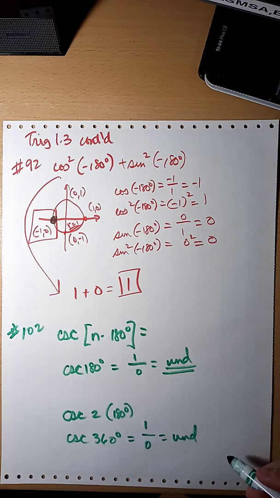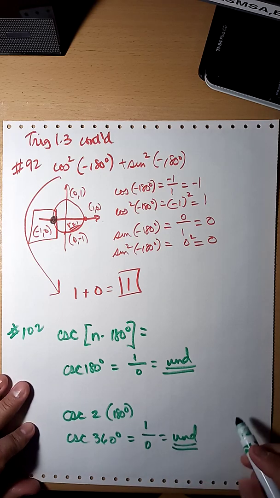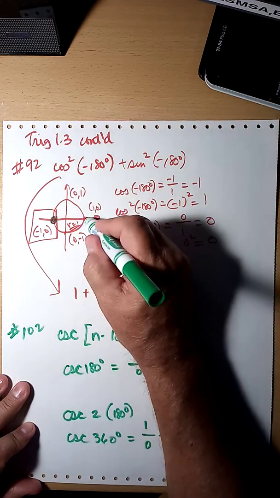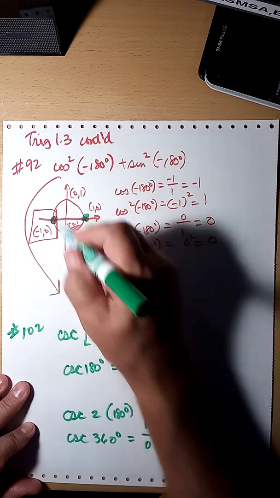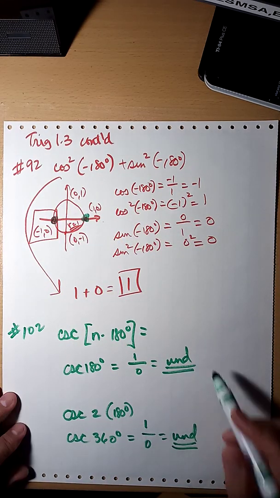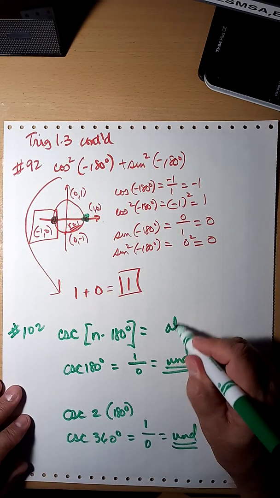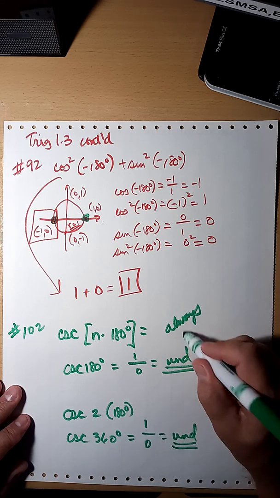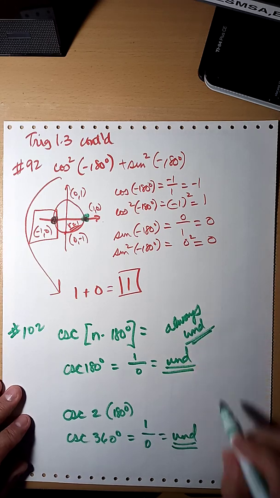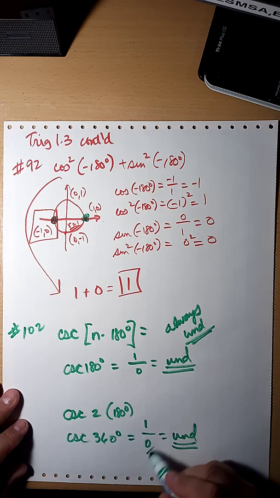And what you'll find is if you keep on going, that's what's going to happen all the time. It'll be one of those 2 points, either the 0 or the 180, and you'll always get undefined, because of the division by 0.